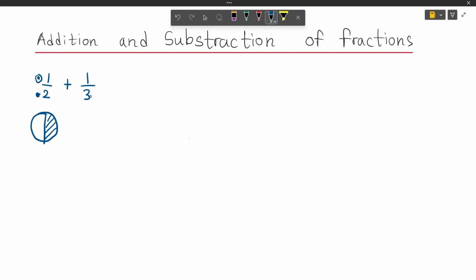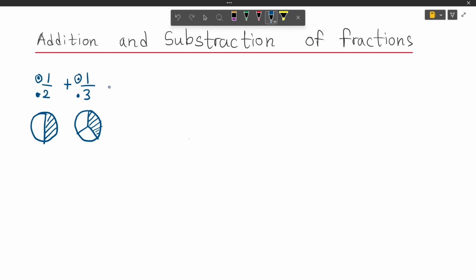Now 1/3 means we take a cake and divide it into 3 and take one piece. This is the meaning of 1/3.